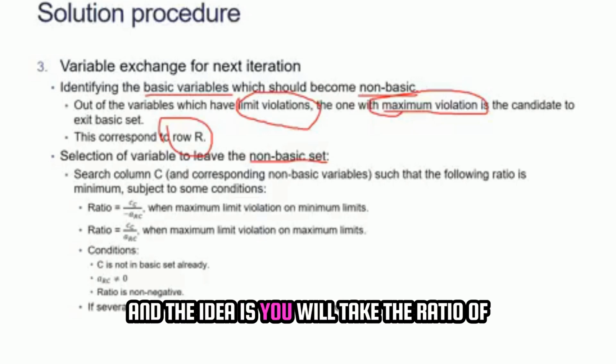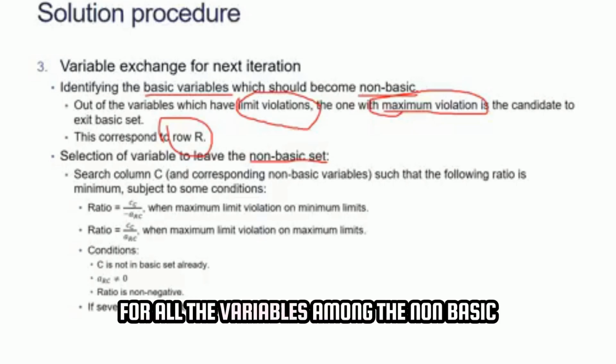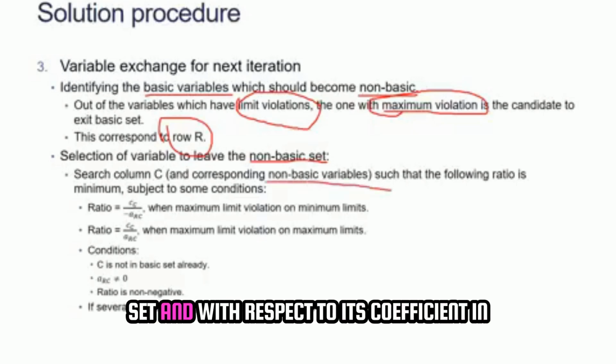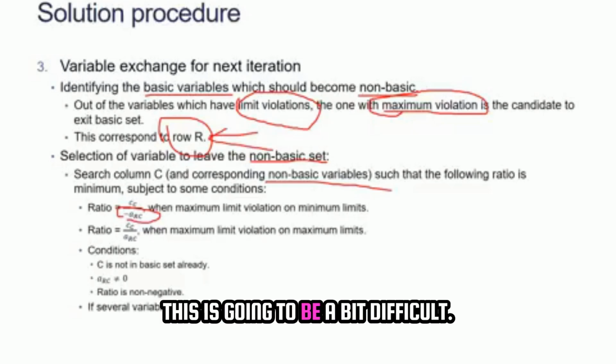And the idea is you will take the ratio of the cost coefficient of that variable, for all the variables among the non-basic set, with respect to its coefficient in its original equation, or the equation in the rth row. This is going to be a bit difficult.